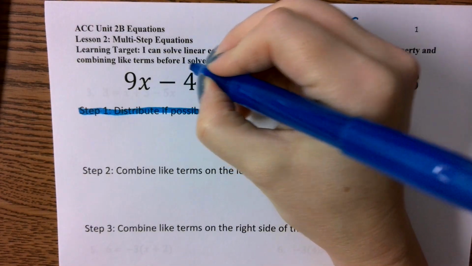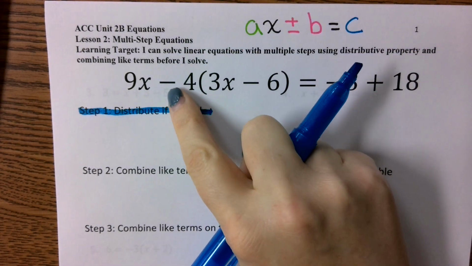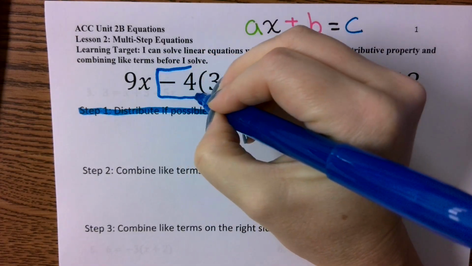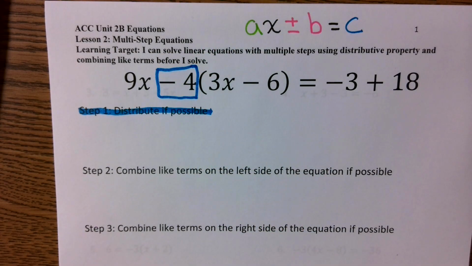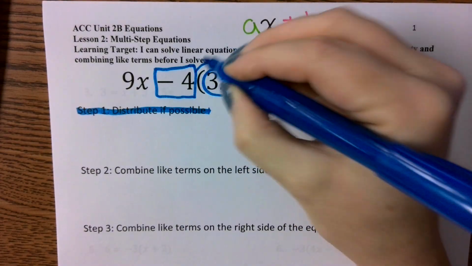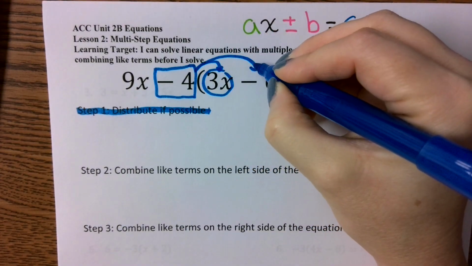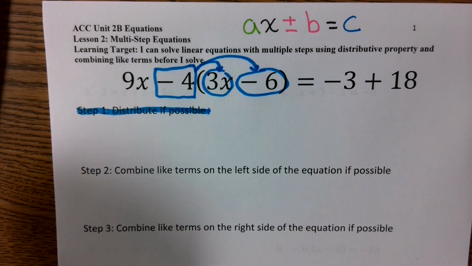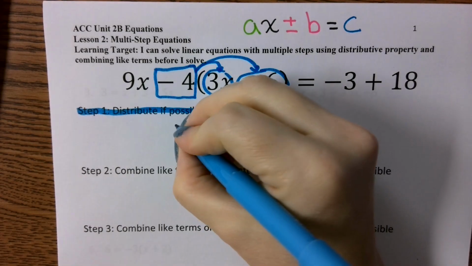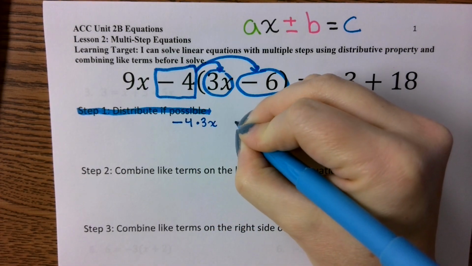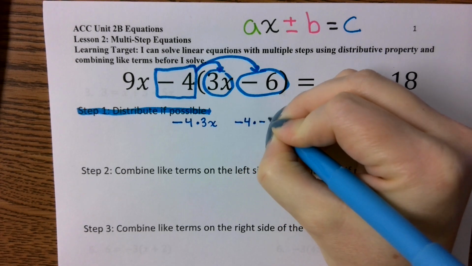So in this case, we can multiply -4. Remember that minus sign acts like a negative sign. We can multiply -4 to the term 3x. We can also multiply -4 to the term -6. So both of those terms are going to change. We are focusing on doing -4 times 3x and -4 times -6.